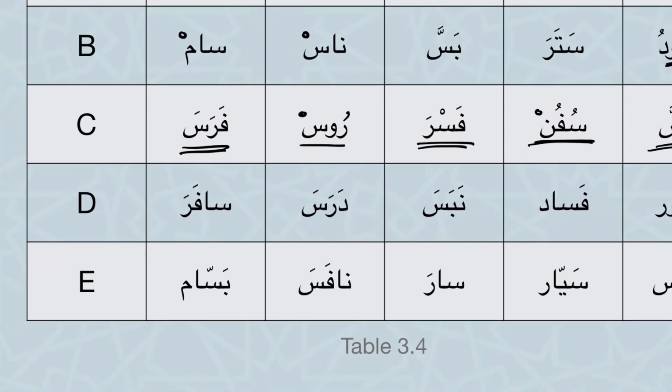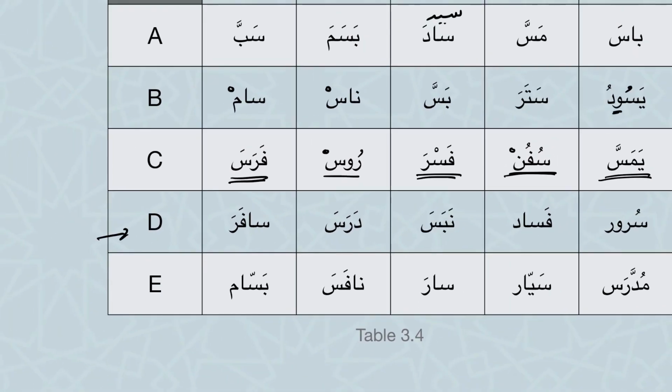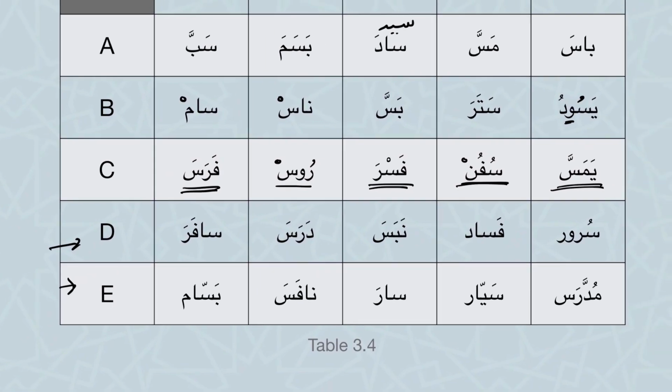Okay. I would take D and E, I guess. No one wants to participate. Okay, Maya. Perfect. Okay, D. Safara. Perfect. Can you say it again? I didn't hear you.